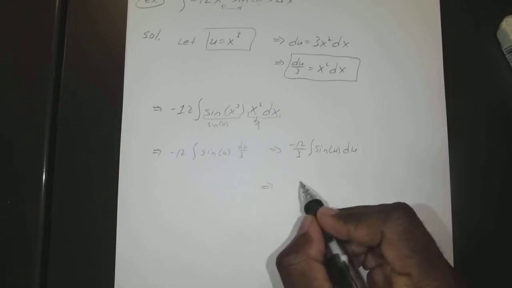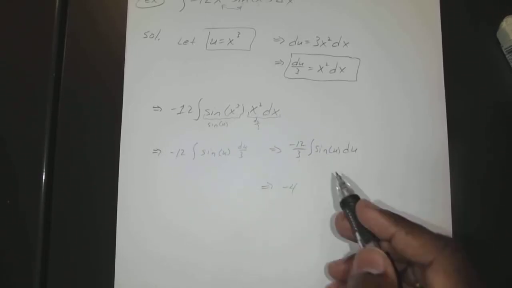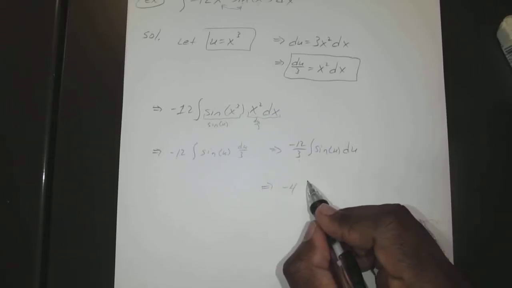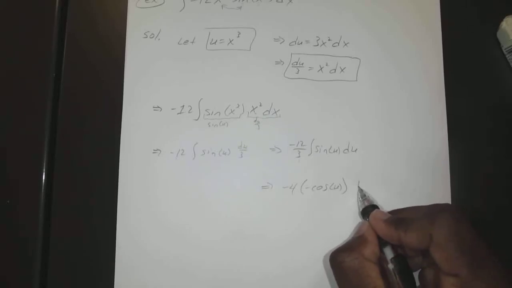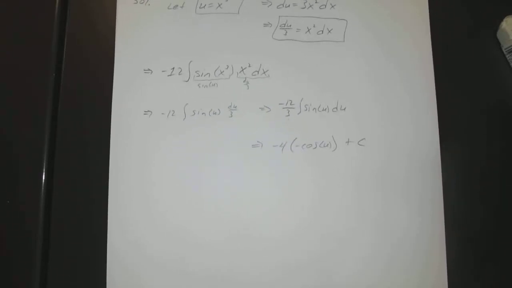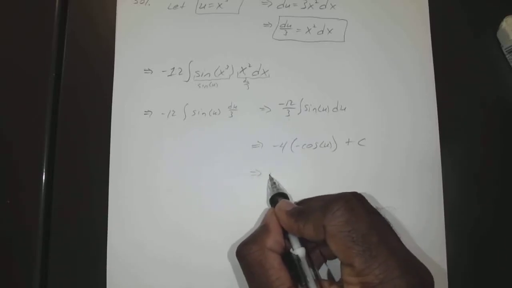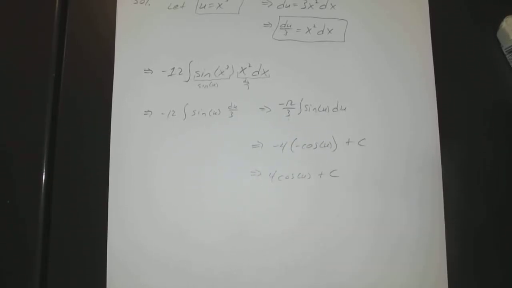Okay, so if we go ahead and integrate that, negative 12 divided by 3, that's just negative 4. The integral of sine of u is negative cosine of u plus c. Okay. The negative and negative cancel each other out. So it's just 4 cosine of u plus c.